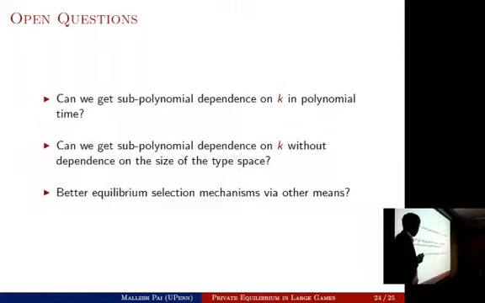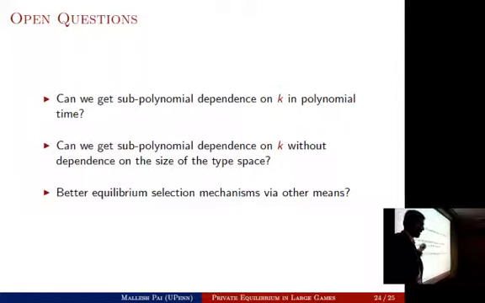More formally, can we get subpolynomial dependence on K in polynomial time? Remember, we had only two options. One was a polynomial dependence on K, but that was only useful if the number of actions was growing slowly or held constant.